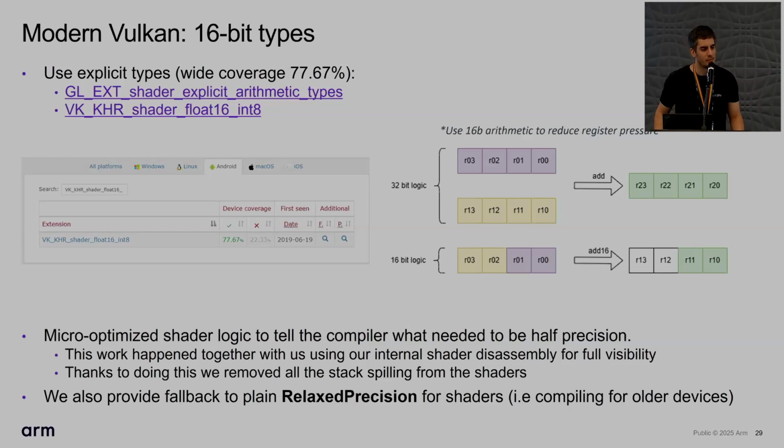In my case, I decided to go for the explicit types because I work for ARM. I have access to cool internal tools like the shader disassembly. That gave me a good mechanism to identify exactly where the register spilling and these problematic areas were happening, so I could have full control and micro-optimize the shader logic to get rid of every single byte of spilling.